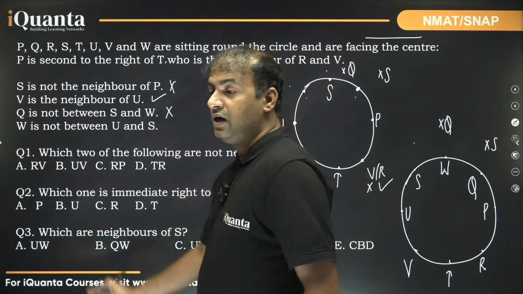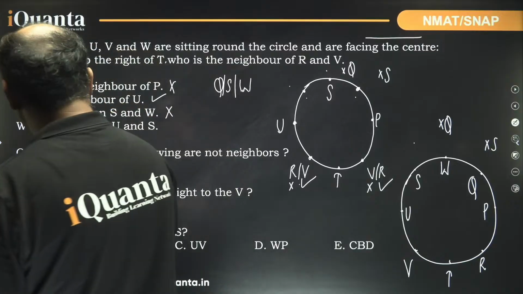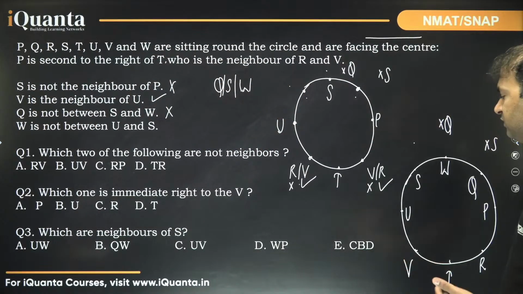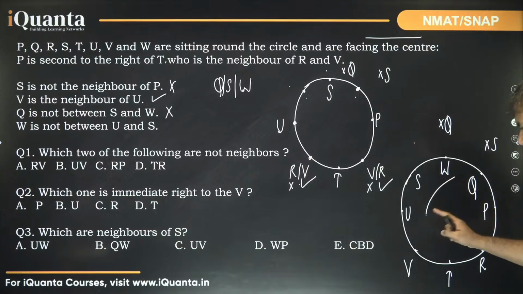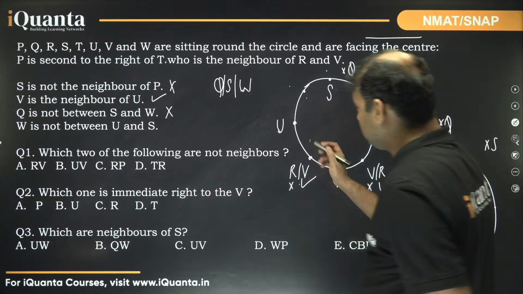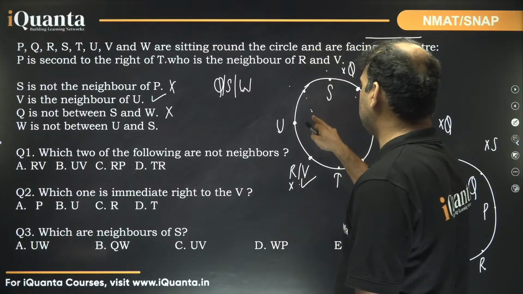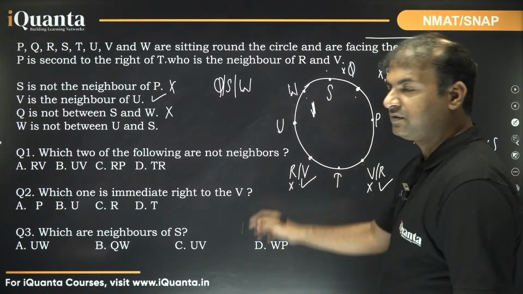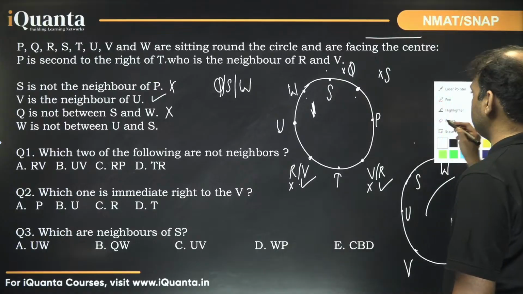Now the last point which we have to use is about W, that W is not between U and S. W should not be between U and S. So guys, in this arrangement you can see that W is not between U and S, so this is correct, right? And in this case, if W comes at this place, then W will be between U and S. That means W just should not be at this place, right?